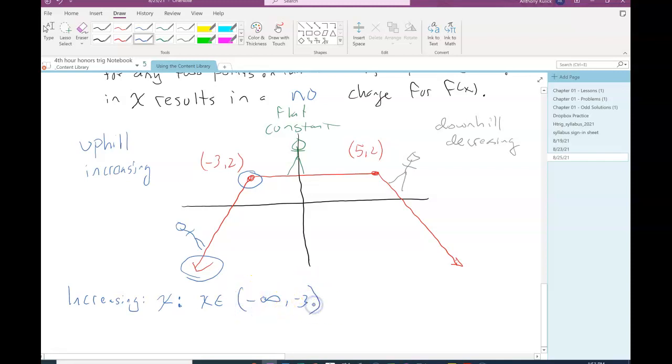And then for intervals of increasing and decreasing, you're always going to have parentheses at the ends. Just to illustrate why the negative 3 gets a parenthesis, it's obvious why the infinity does. But if you take the negative 3, if you pick a point to the right of that, and you compare the change in x's and the change in y's, you don't have a positive slope, right?